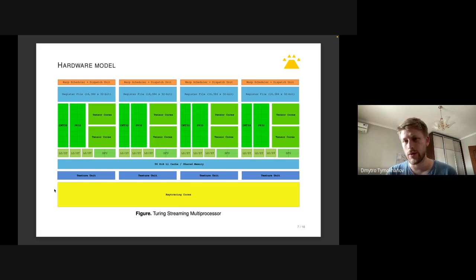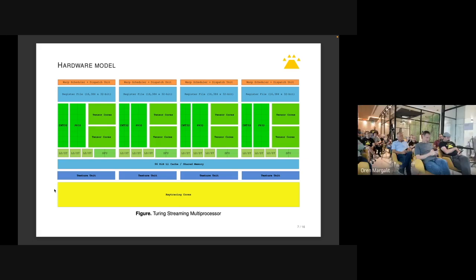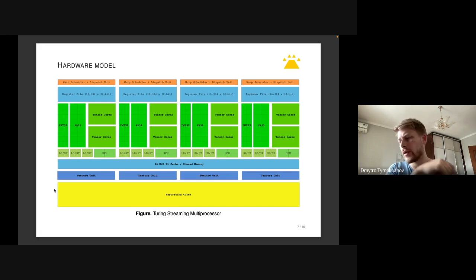So we don't schedule individual threads, but we schedule warps on streaming multiprocessors, and more precisely on their subdivisions. Not sure how it's called actually. You can see that there is a scheduler on top. Each of these subdivisions can issue one instruction to one warp in principle per clock cycle. That's the model of issuing instructions.